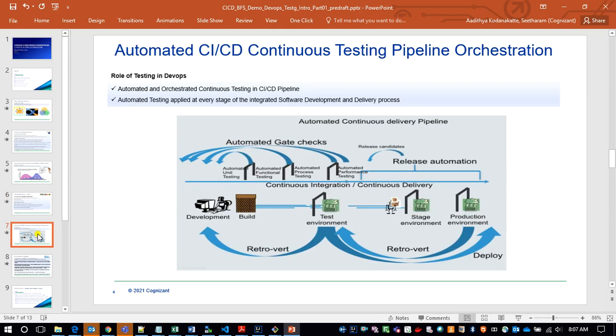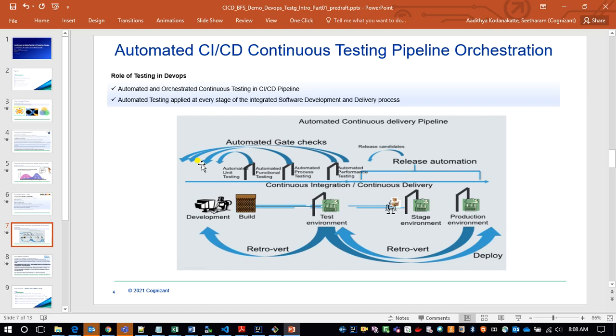That we just reviewed. So that brings me to this last topic before we move on to the solution demo highlights. This is a visual representation, I won't explain much here, of the automated CI/CD continuous testing pipeline. This is the vision that is realized by implementing this solution: automation and orchestration of continuous testing in the CI/CD pipeline.